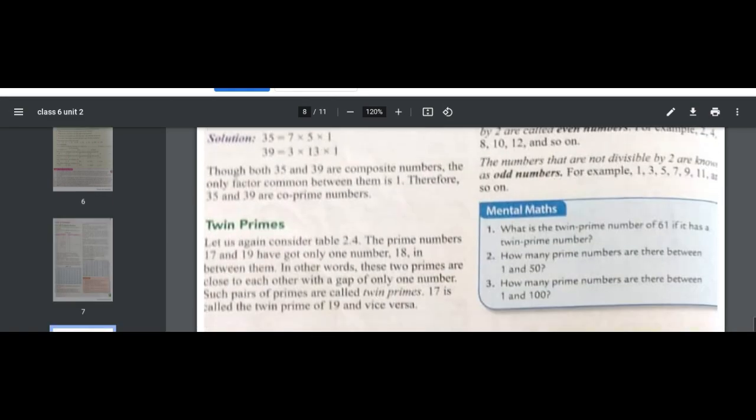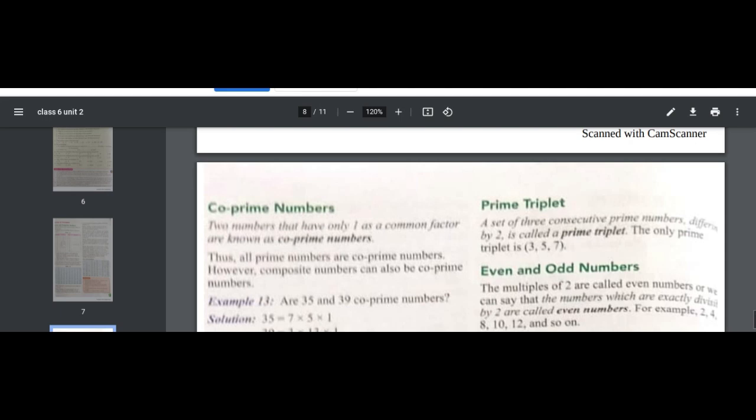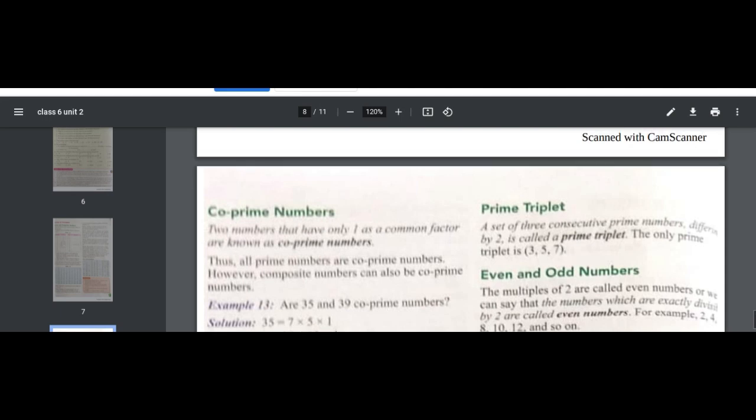So the twin numbers and the co-prime numbers. Can you explain one more time co-prime and twin numbers? Co-prime numbers are numbers that have one as their common factor.